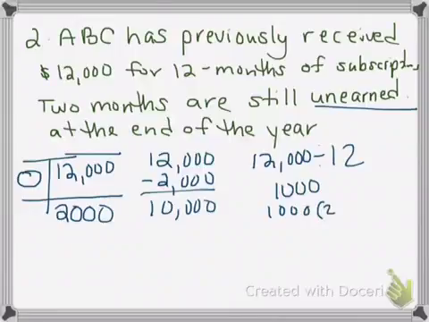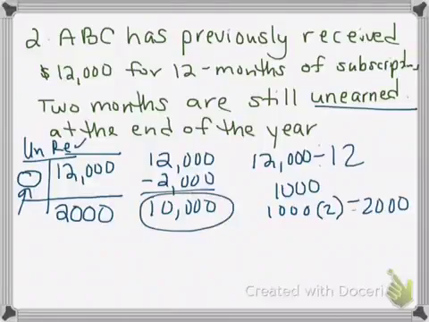1,000 times 2 months is still unearned, which means that 2,000 is going to be the balance in our unearned revenue account. So at this moment, what we're looking for in this unearned revenue account is what the debit amount is going to be. And that debit amount is going to be this $10,000.